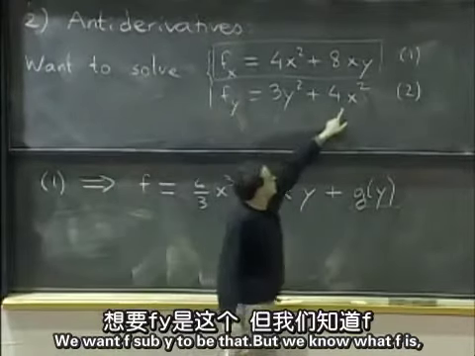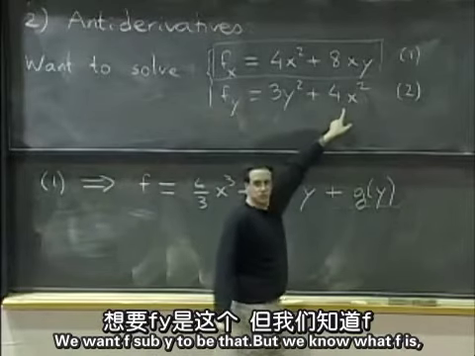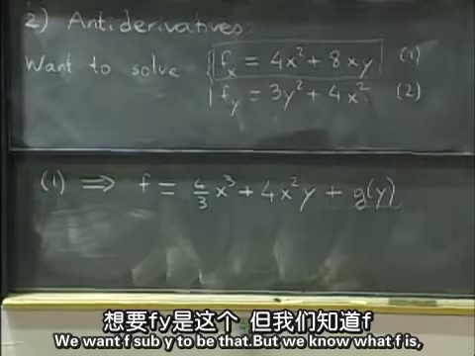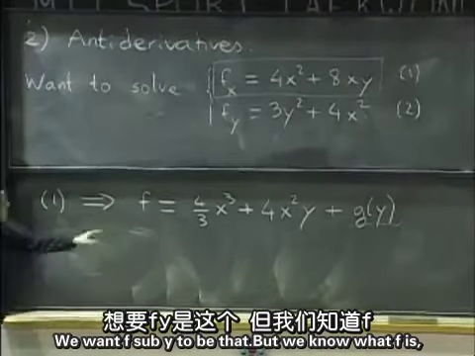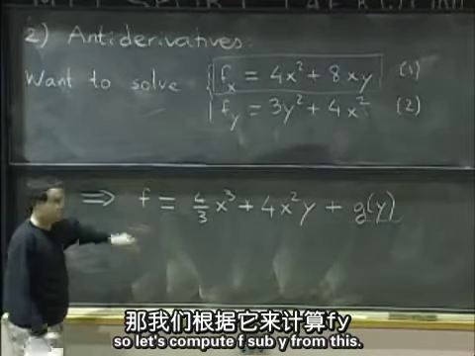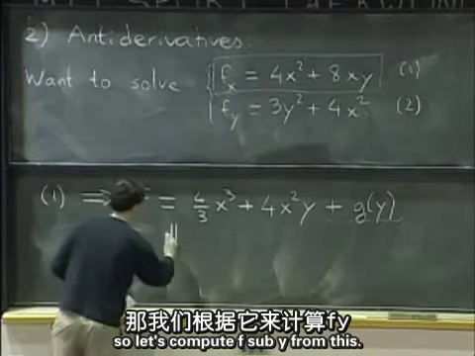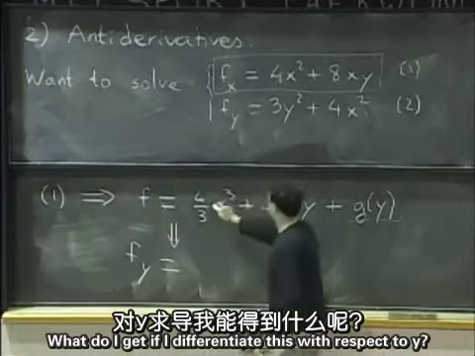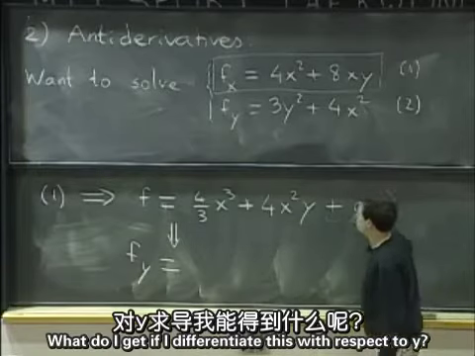Okay, so we want f sub y to be that. But we know what f is, so let's compute f sub y from this. What do I get if I differentiate this with respect to y?